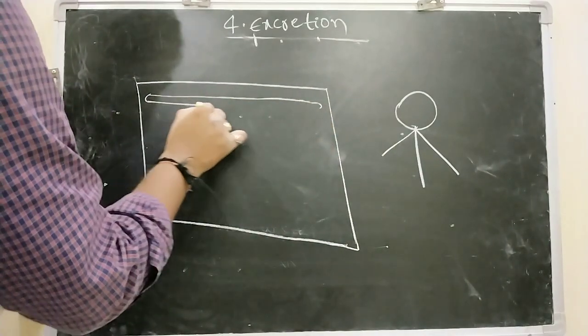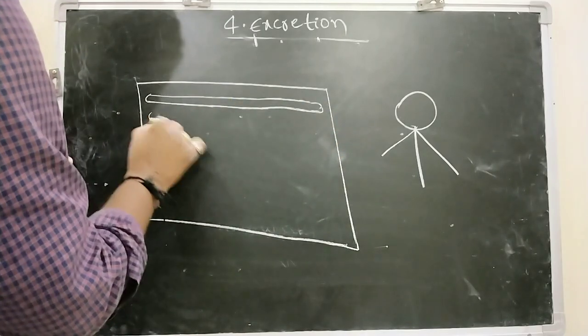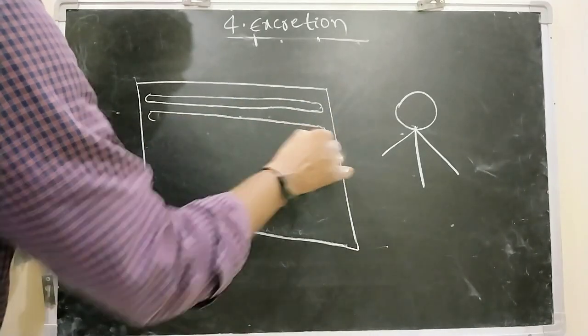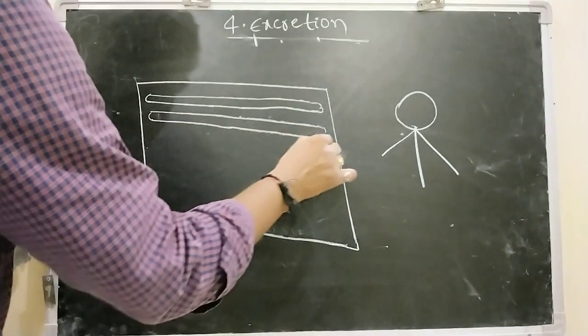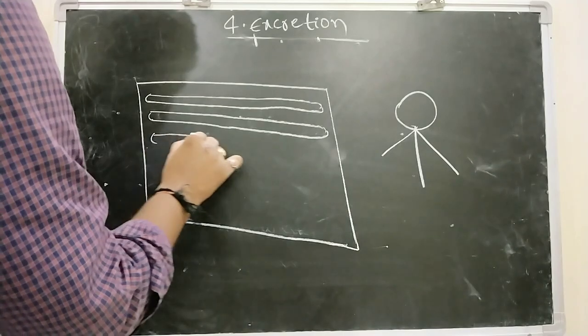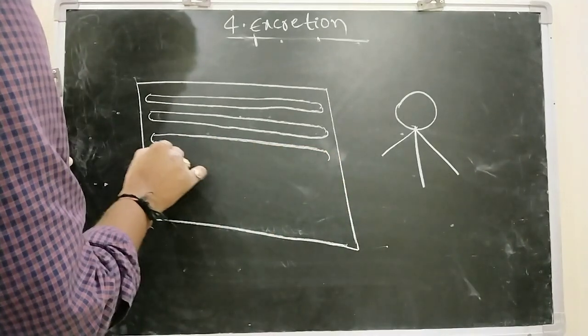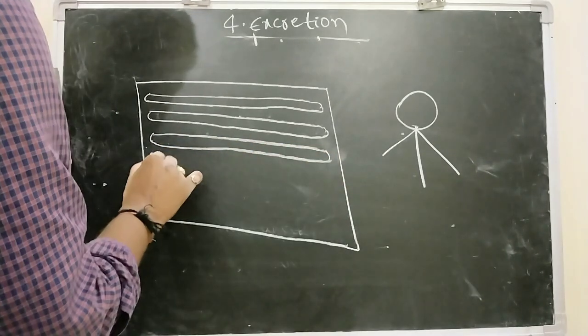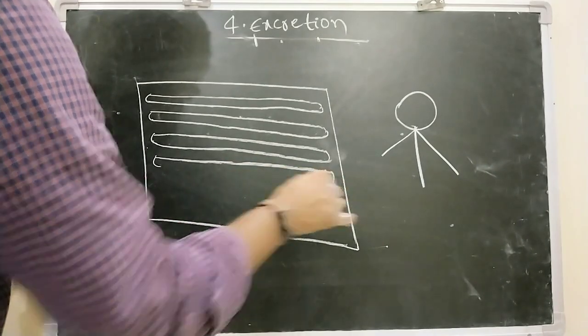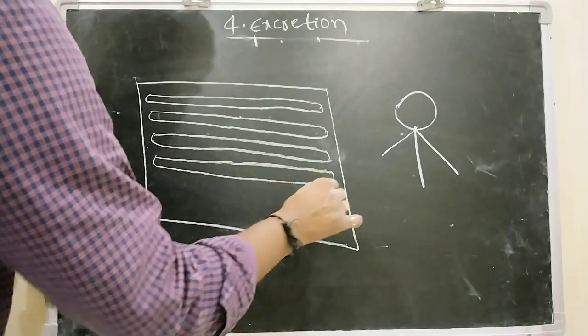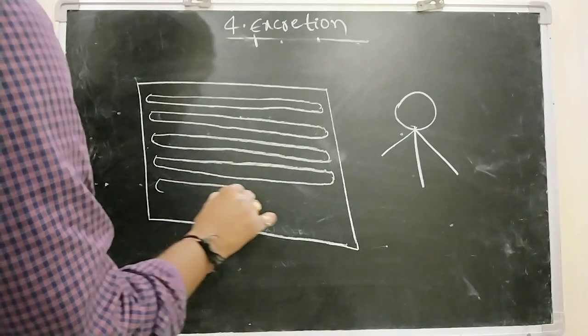There are tubes or sheets present in the dialyzer machine, and these tubes or sheets are made up of a material called cellophane.